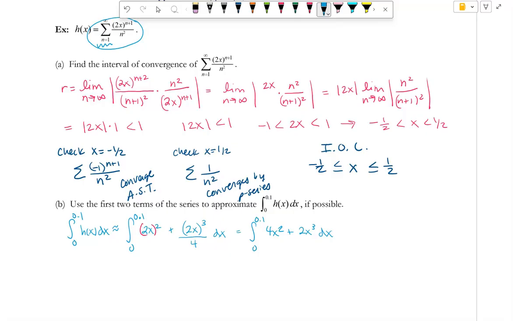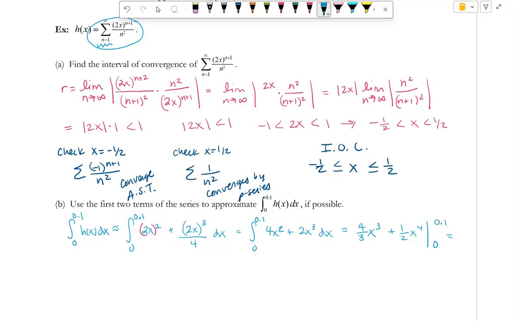And when we go to integrate that, we're just using the power rule here. So when I integrate 4x squared, that should be 4/3 x cubed. When I integrate 2x cubed, that's going to get me 2/4, or 1/2 x to the 4th power.